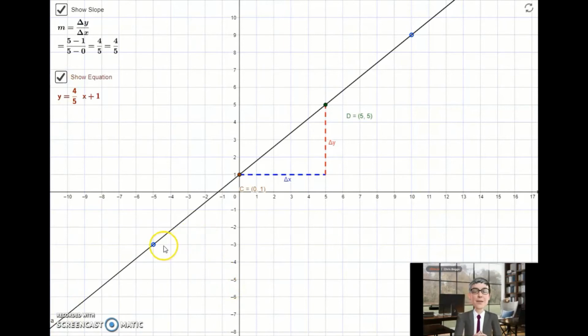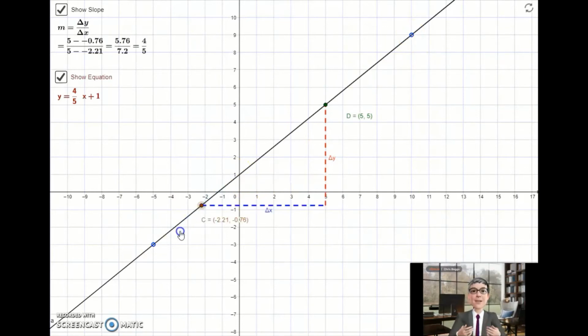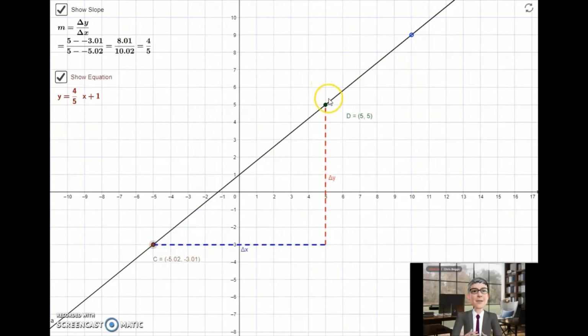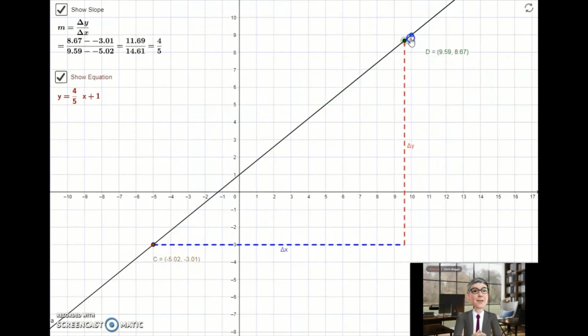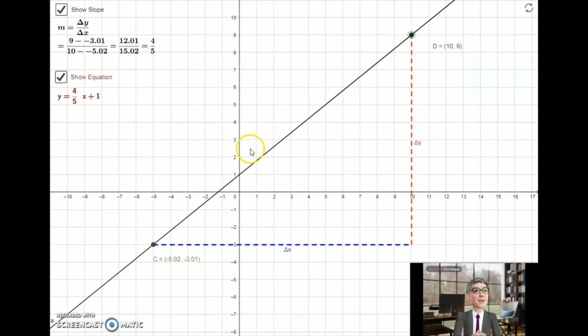Another question I might be asked is to find the equation of a line given 2 points that the line passes through. Now 2 points is sufficient to describe a line, and what I can do is find the change in x and the change in y, the rise and the run.